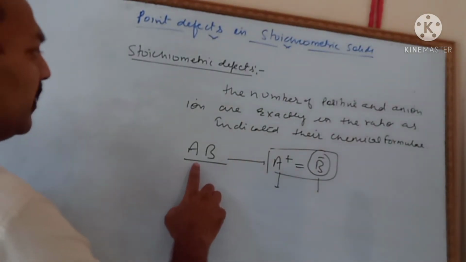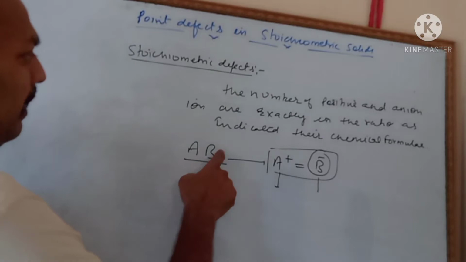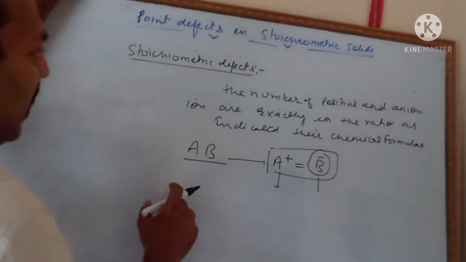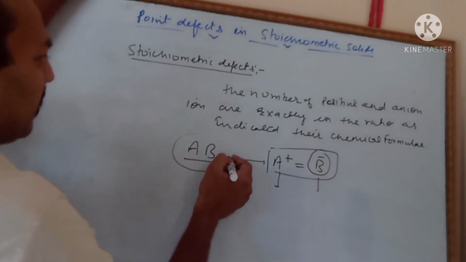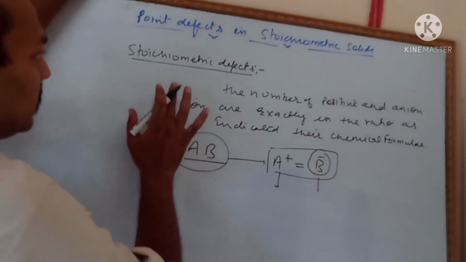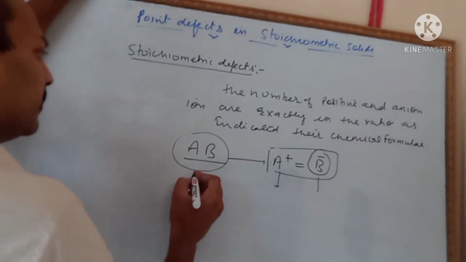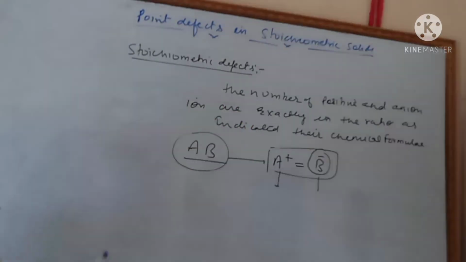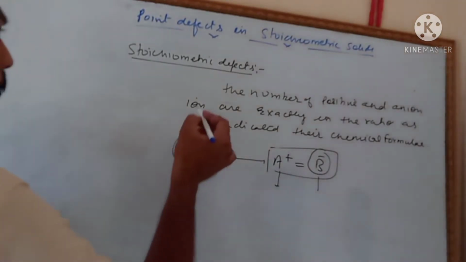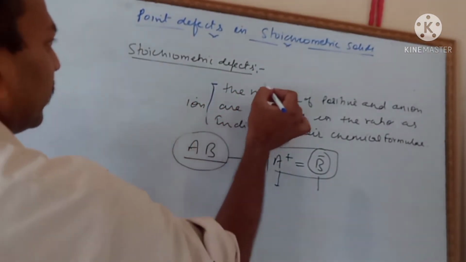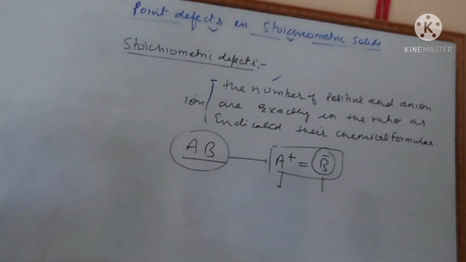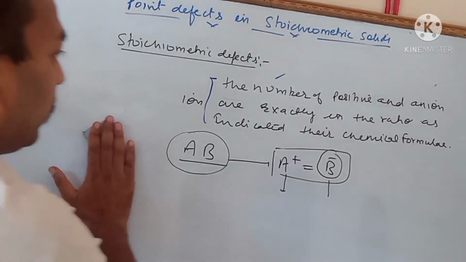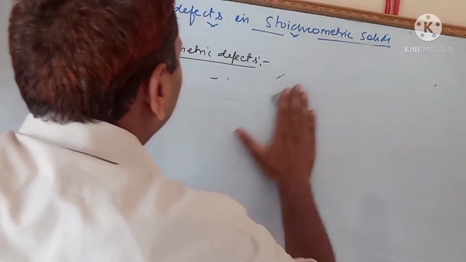So this type of defect is known as stoichiometric defect. The concept is very simple. Next we are going to study the Schottky defect.